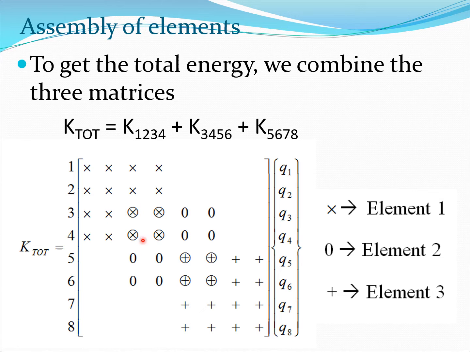Those correspond to the degrees of freedom which are common to elements 1 and 2. So those were Q3 and Q4. And similarly here, the degrees of freedom common are Q5 and Q6 between the element 2 and 3. And so here there is a summation of these parts also.